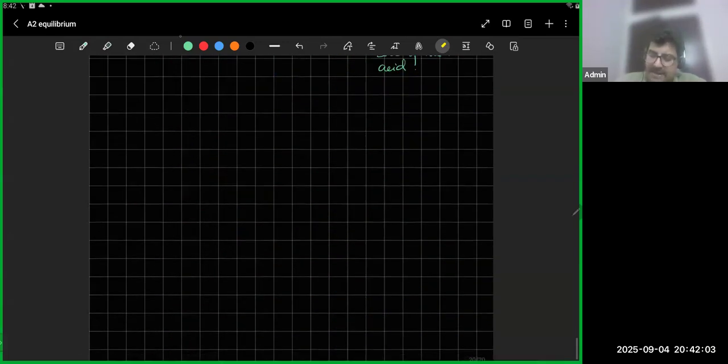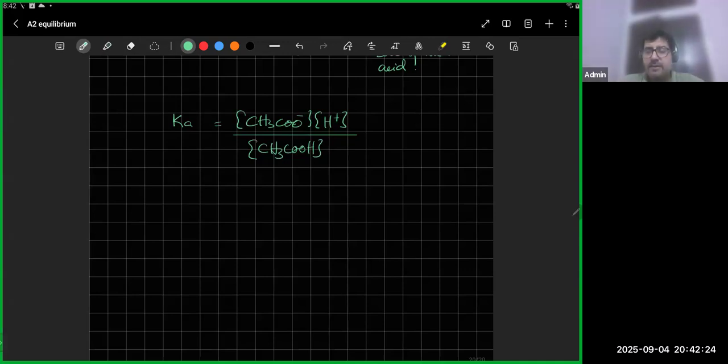So if I write my K expression now for, let's say, ethanoic acid, it's the product concentration. I mean, it's exactly the same expression. And the K is a constant only, so its value is not going to change. Equilibrium constants only change with temperature.